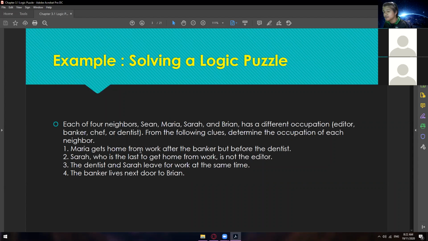So this is like what they use to track down who is really the suspect is. Okay, so kailangan nila ng lead, kailangan nila ng mga clues para mapatunayan na ito nga siya. Siya yung suspect. Siya yung killer.